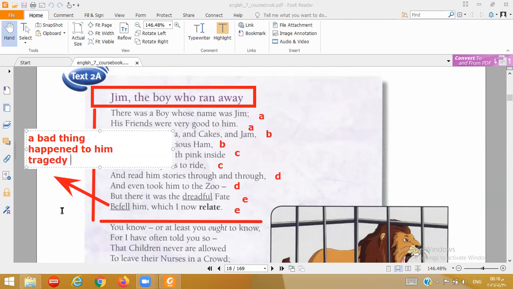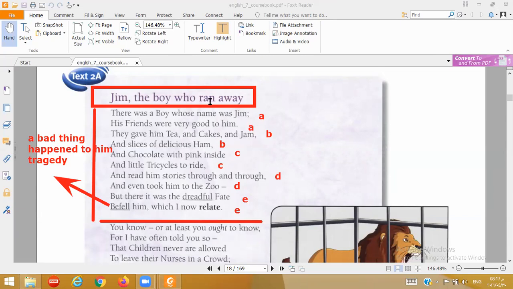Okay, so there was a boy called Jim. His friends were very good. They gave him tea and cakes and jam, chocolate, and a tricycle to ride. They told him stories and took him to the zoo. But it was the dreadful fate which befell him, which I now relate. So something bad happened to Jim.